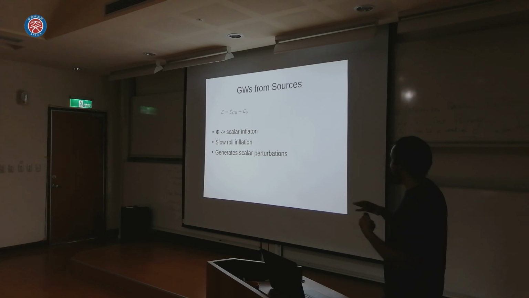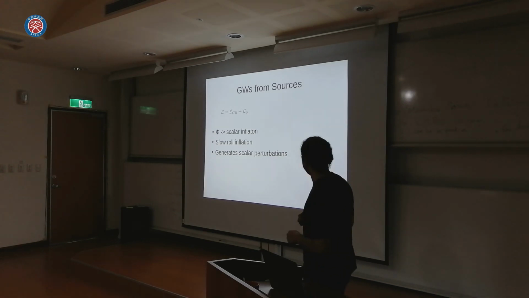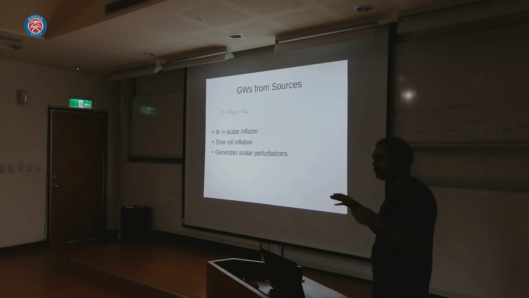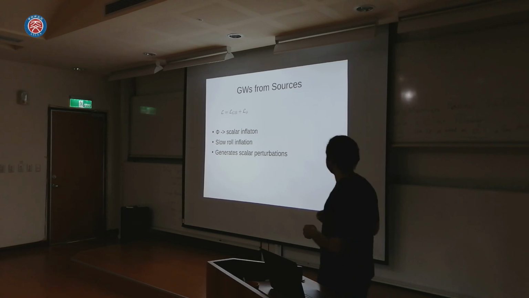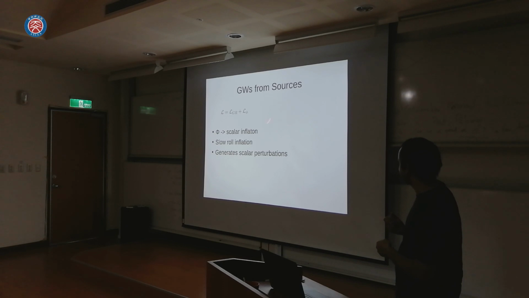Gravity, once again, we consider is described by GR, and phi is now a scalar field, called the inflaton field. This scalar field is responsible for driving inflation, and it is also the one that generates all the scalar perturbations, or density perturbations, which eventually seed the present day matter in the universe.